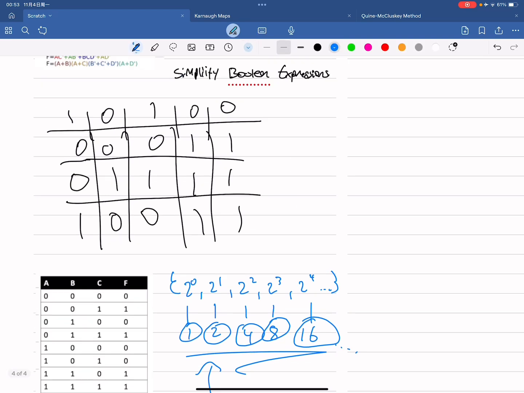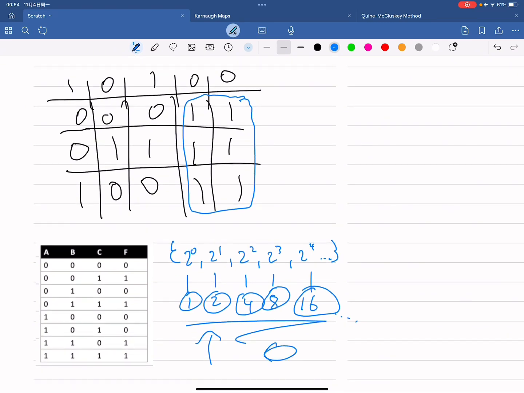Looking at this graph, what can we do? I can see a group of 6, but 6 is not in this set, so I cannot do that. What I can do, however, is overlap groups. When groups overlap, you must overlap them where you can include the most ones possible.